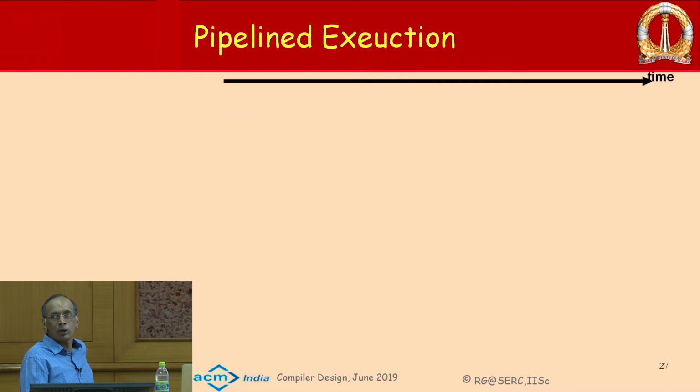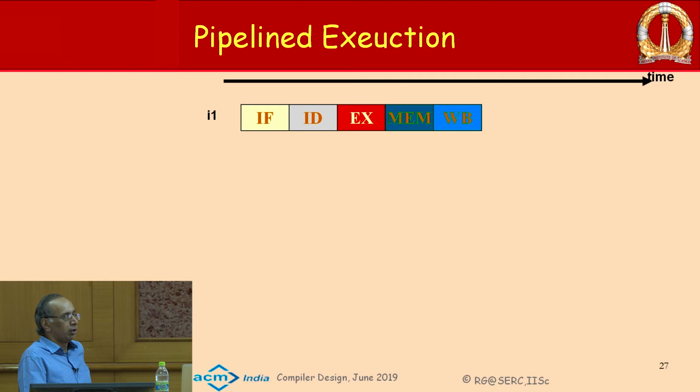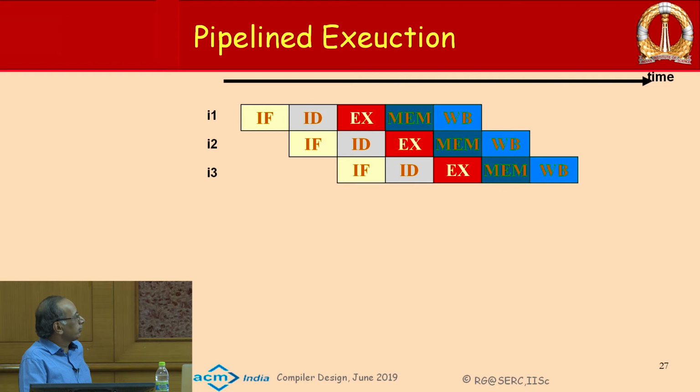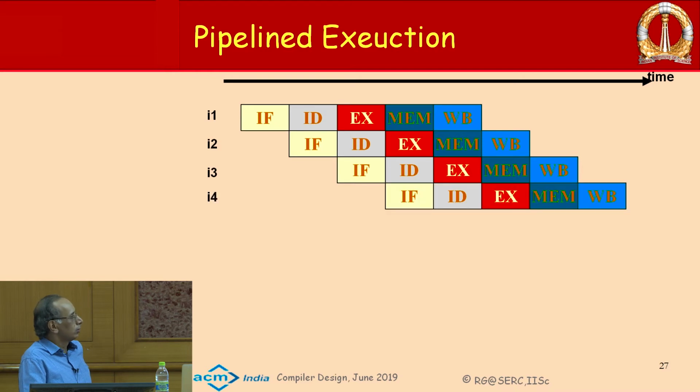Okay. So next thing we are going to talk about is pipelined execution, right? In pipelined execution, as I mentioned earlier, each phase is going to operate on a different instruction at a given point in time, right? For example, when the first instruction is in decode, the next instruction is going to do the fetch. Then in the next cycle, you take the third instruction, and that's going to go into the fetch phase, and so on and so forth, right?